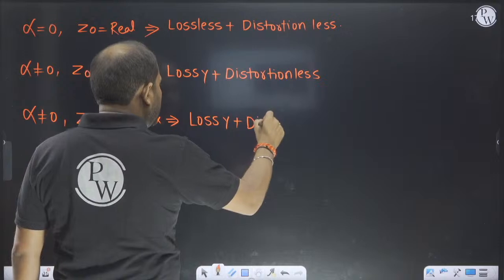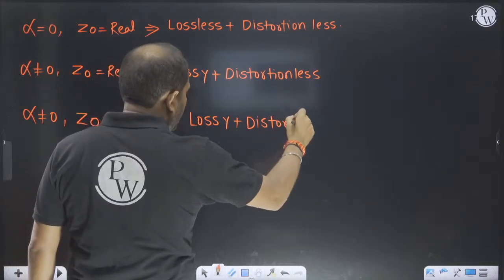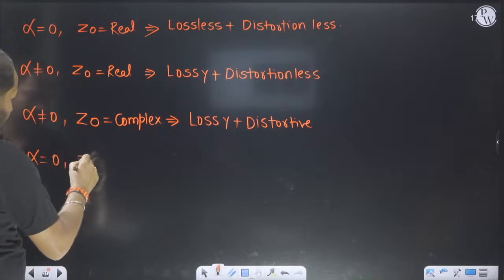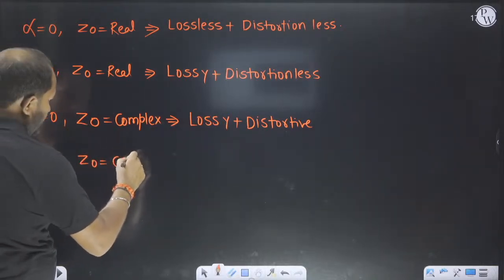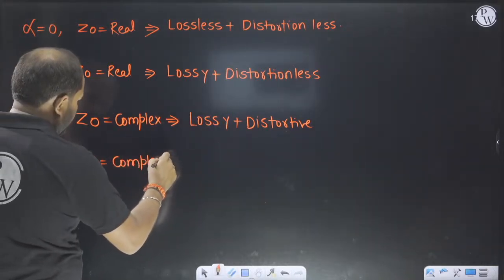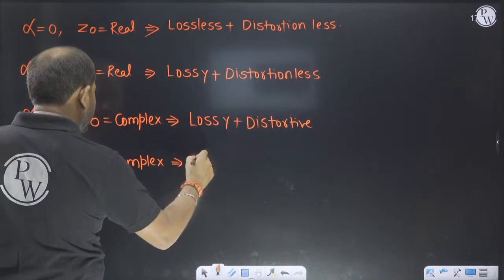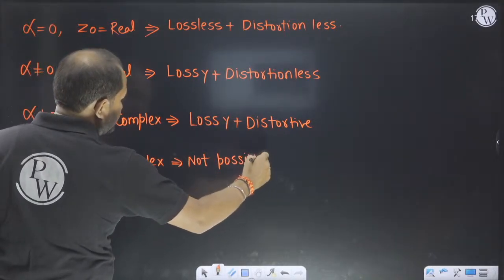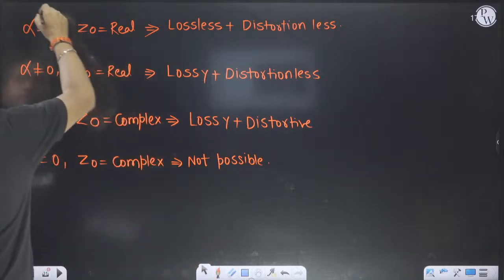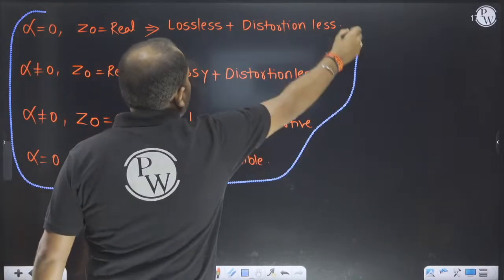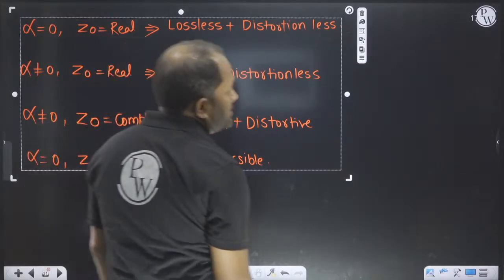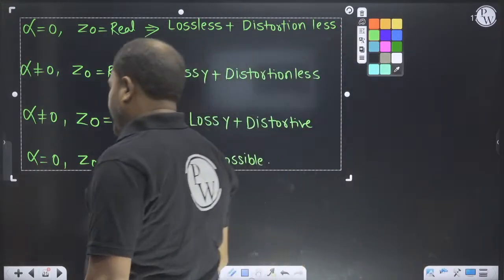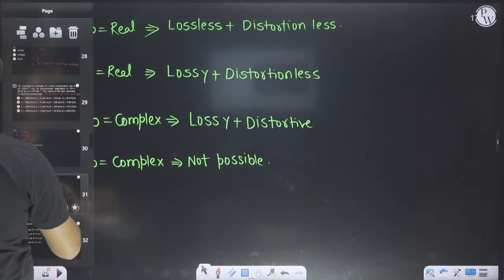And if alpha is 0 and Z0 is complex, that is not possible. So these are the points which you have to remember.